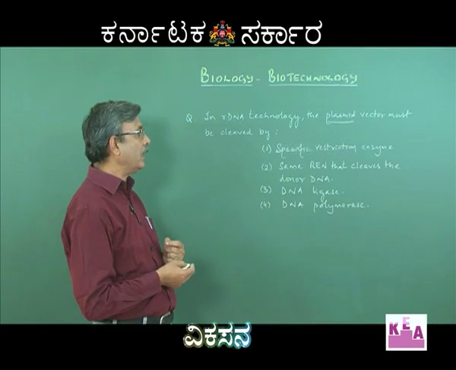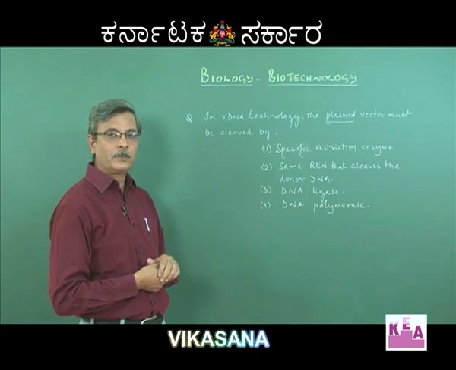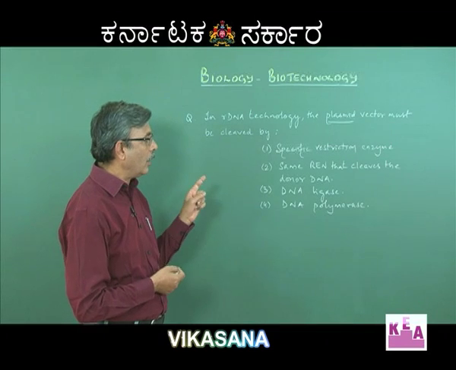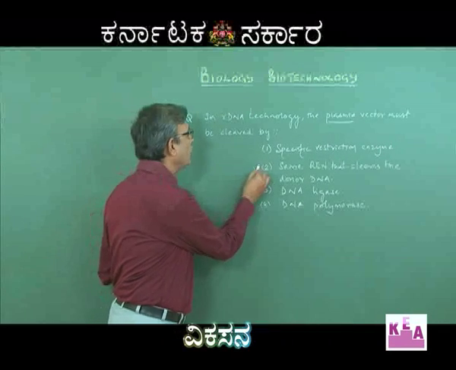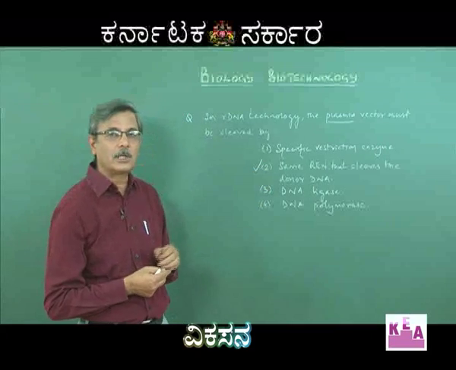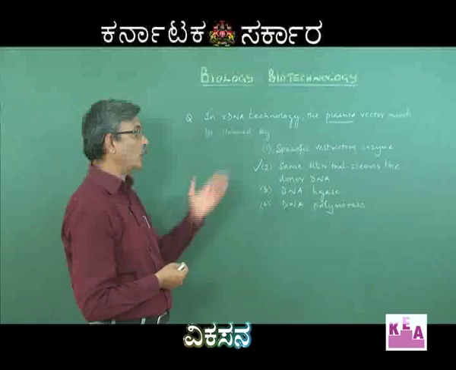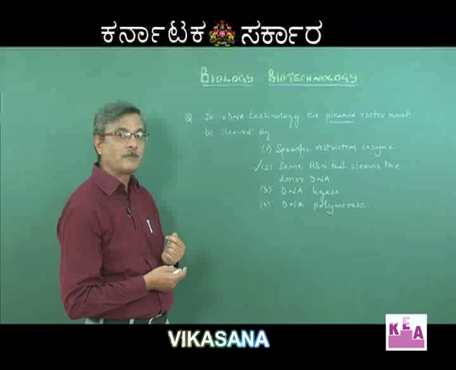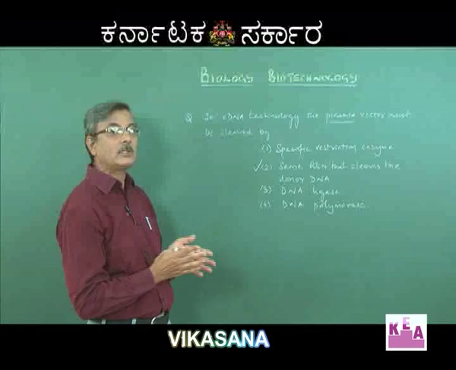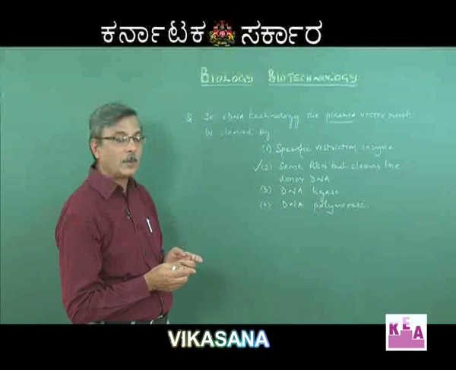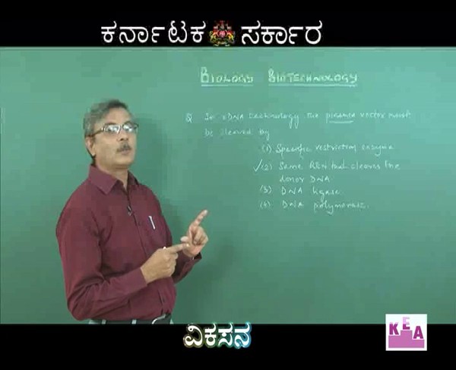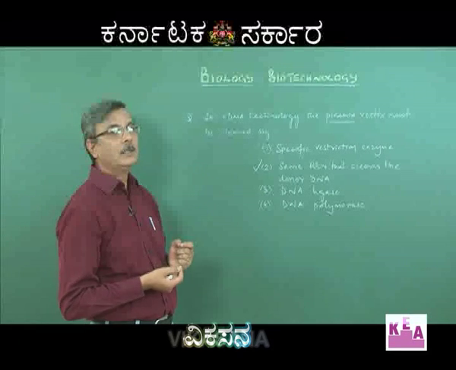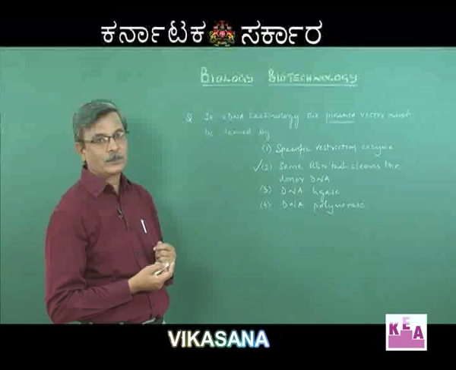So, when we look here, specific restriction enzyme, same restriction enzyme that cleaves the donor DNA, option 2 is 100% correct. That is the answer. We have to be very careful. The moment we come to specific restriction enzyme, yes, we do use it. Which specific? Remember, it should be common, because we have to have complementary matching so that we can attach them using DNA ligase.